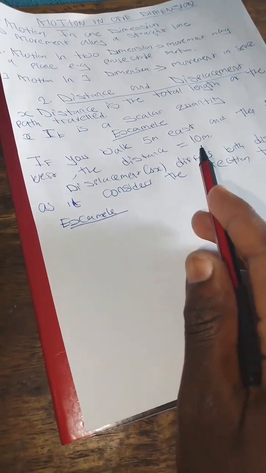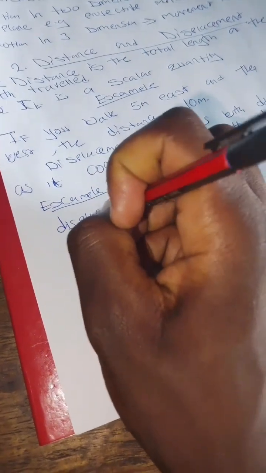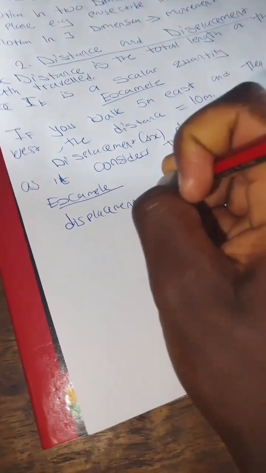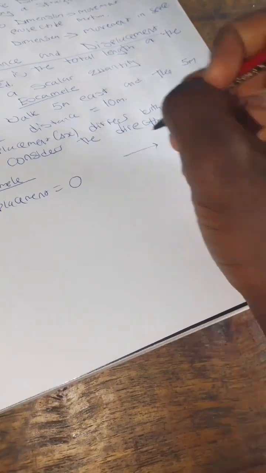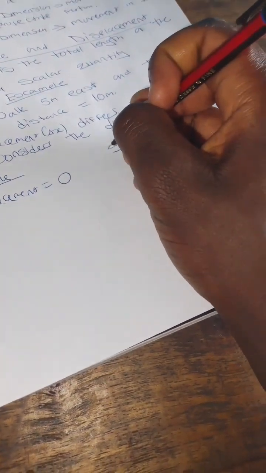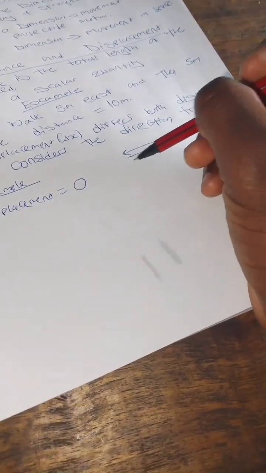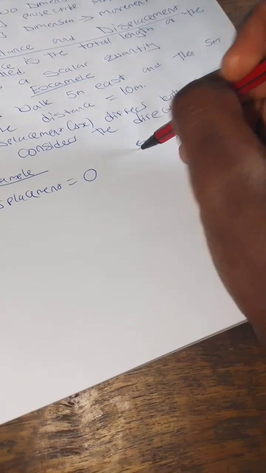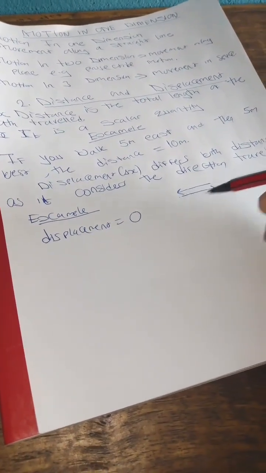The displacement will be equal to 0, because it's like you go like this 5 meters and you go like this again 5 meters, whereby because you came back to where you started, the displacement is equal to 0. But if it was distance, we would have said the distance is what? It is 10 meters.